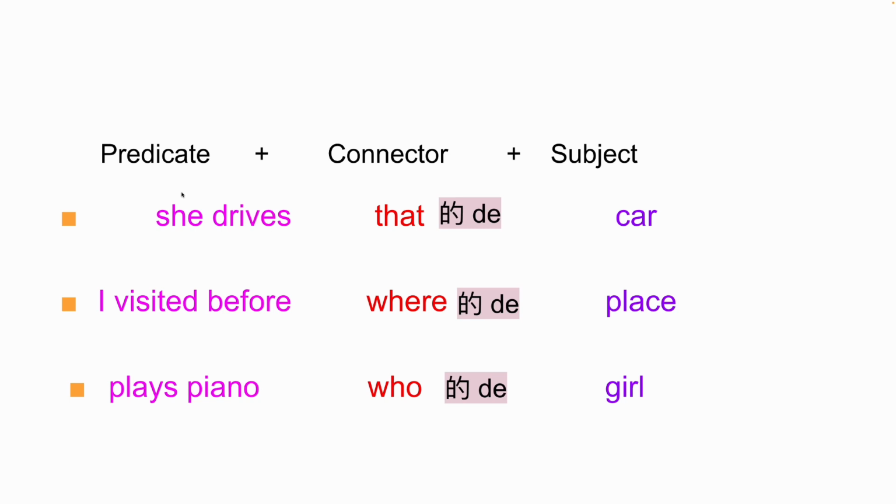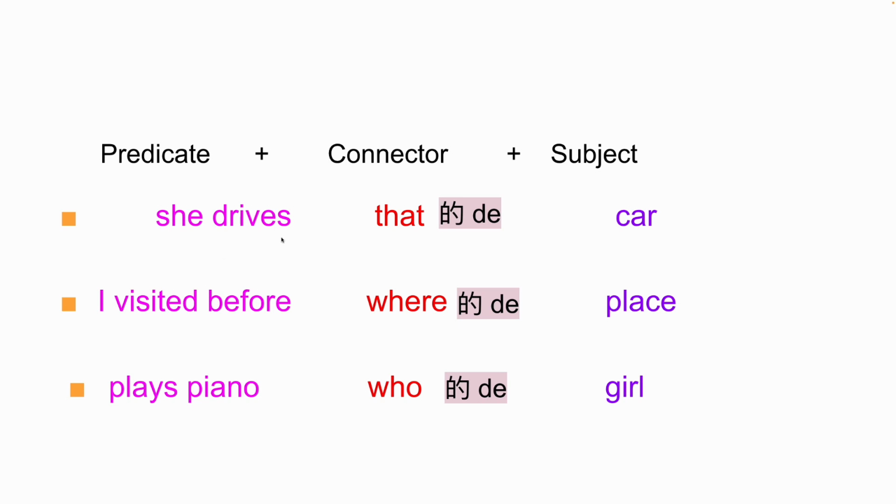So in Chinese, you see that? We put the predicate in front of the subject. So that's the first difference. The second difference is that in Chinese, instead of using different connectors, that, where, who, we only use the connector 的.